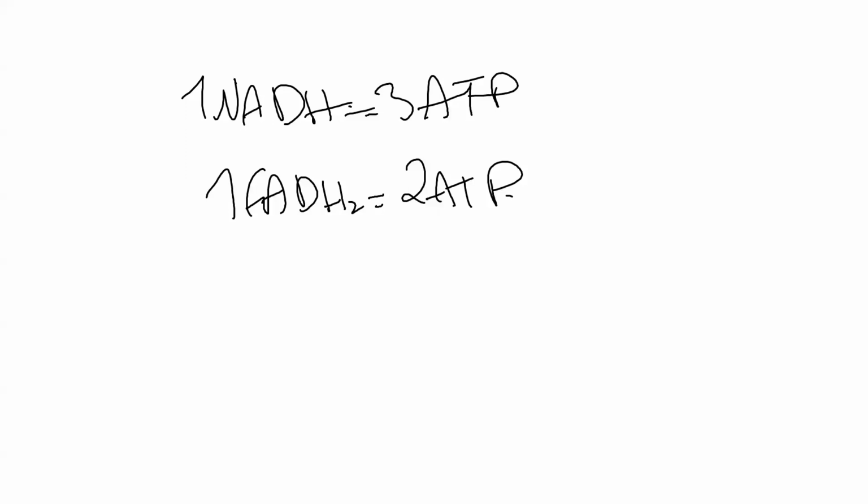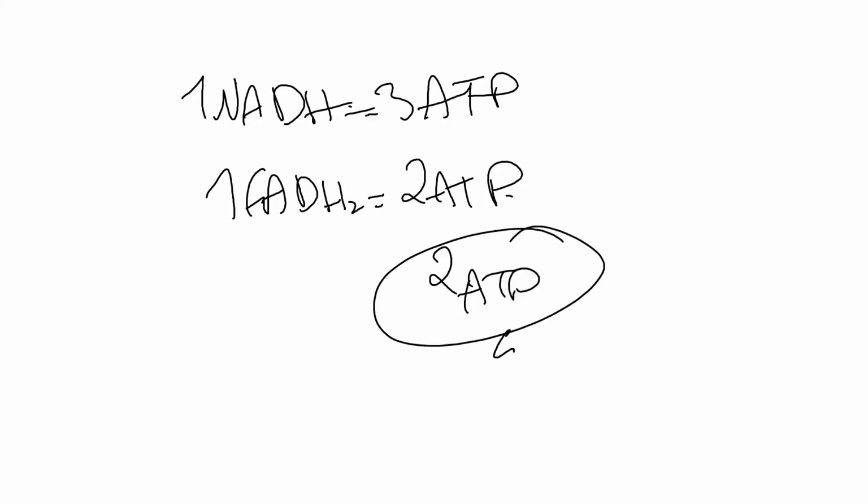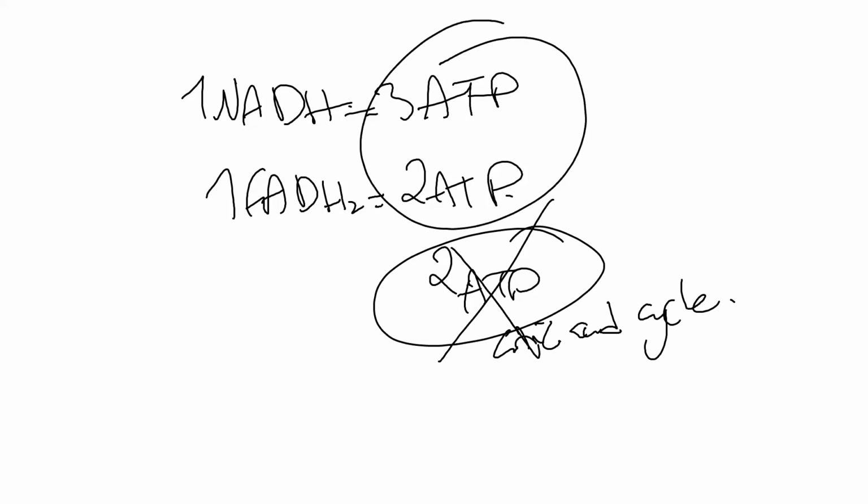I guess we should take it into consideration, but they didn't. So 2 ATP, they took them out. They said that the citric acid cycle does not produce ATP, it just produces NADH and FADH2. So take 2, do this calculation, you will end up with 36.